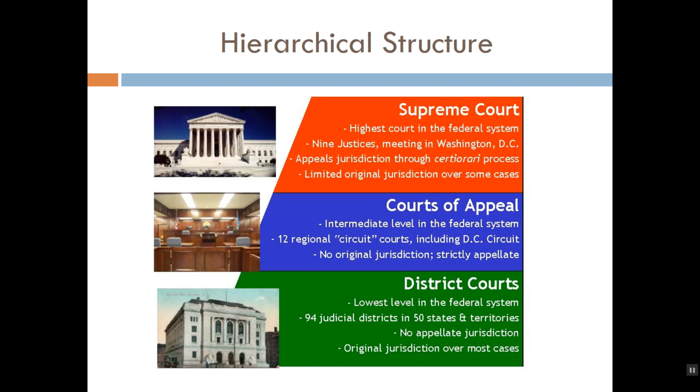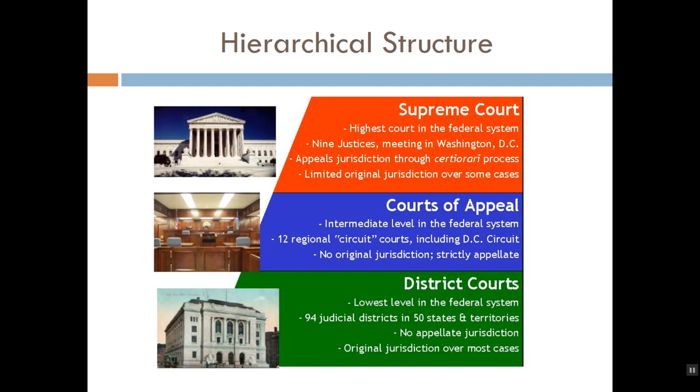At the bottom of this hierarchy, we have the trial courts, which are sometimes called district courts. We call them district courts because each one has jurisdiction to hear cases emerging in one of the 94 judicial districts around our country. The 94th district has a trial court that helps resolve disputes about federal laws emerging in the 94th district.